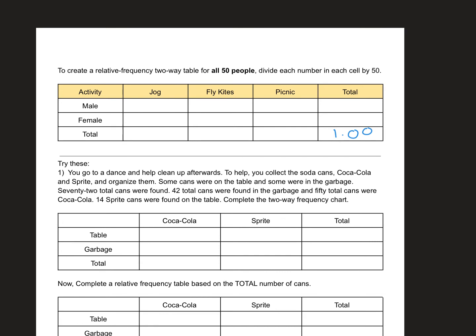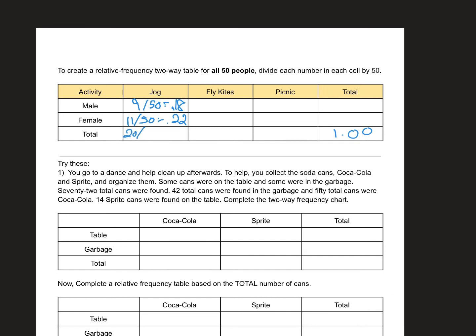Okay, then I'm just going to be dividing by other numbers. So I know here I have 9 divided by 50, which equals 0.18. And then I have 11 divided by 50, which gives me 0.22. And that's all I'm going to do. I'm going to take these numbers and just divide it by 50.